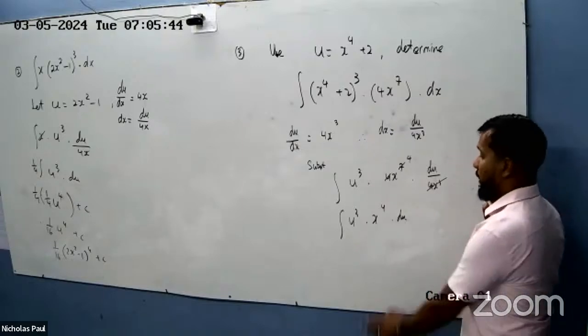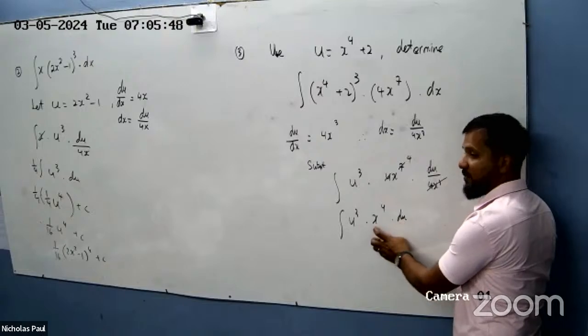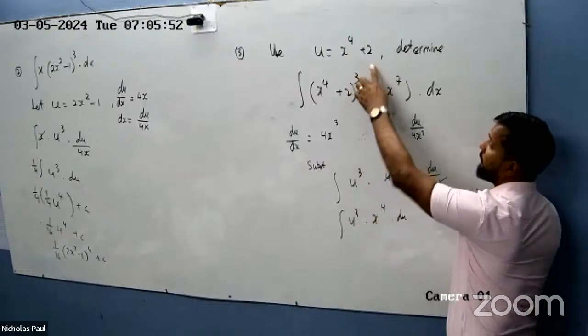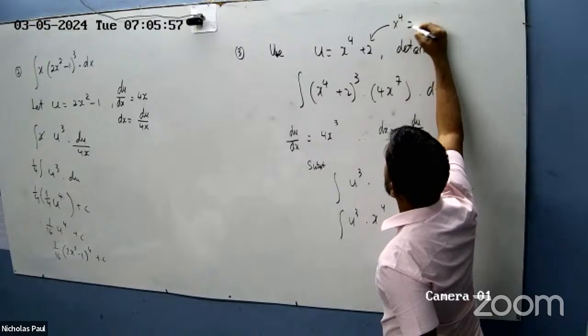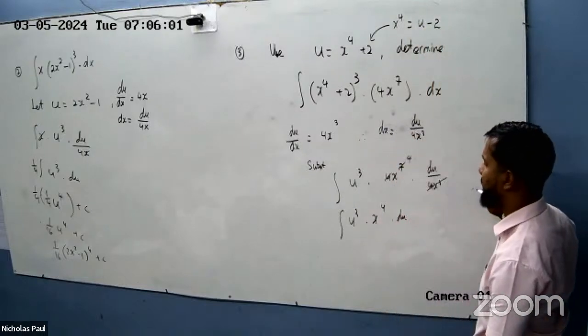We still can't integrate this as yet because we have respect to u, but we still have x. What do I do here? Come back up here and I can see that x to the 4th is u minus 2.